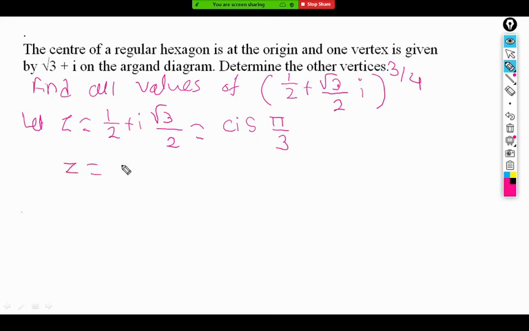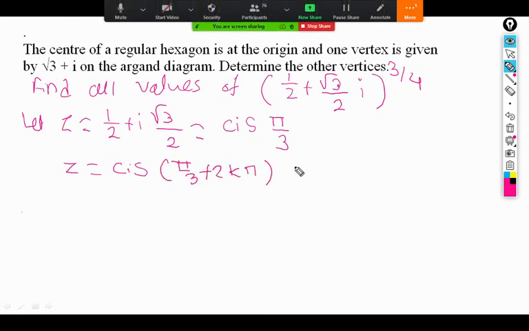So z becomes cis of pi by 3 plus 2k pi. That is considered as cis of, cross multiplying, 6k plus 1 pi by 3. So this is a general polar form.